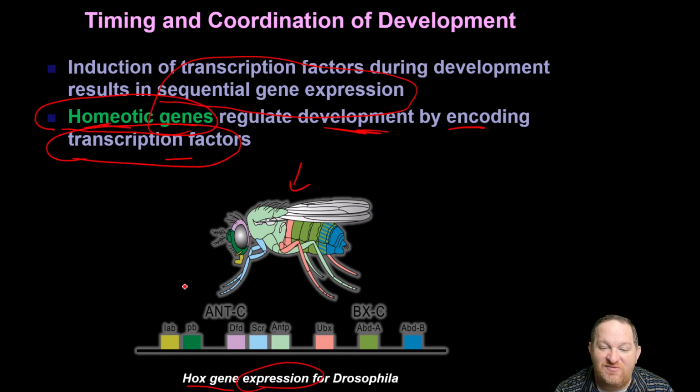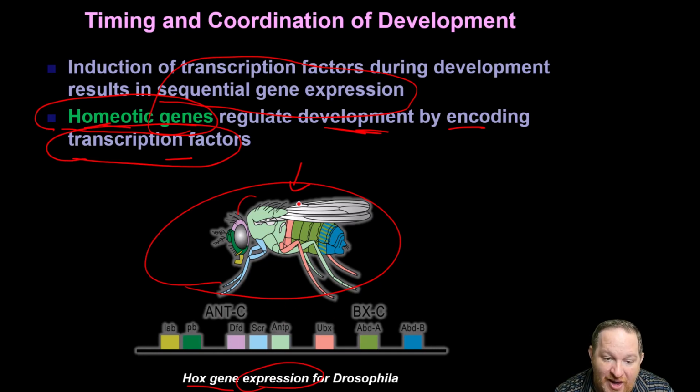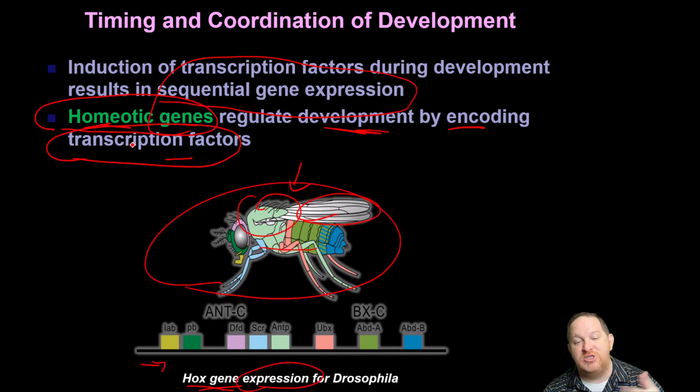So during the development of a fly, right, at some point you need to make the abdomen. Sometimes you need to make the wings. All of those are actually controlled by Hox genes. These genes that are homeotic genes regulate when these transcription factors will be encoded.